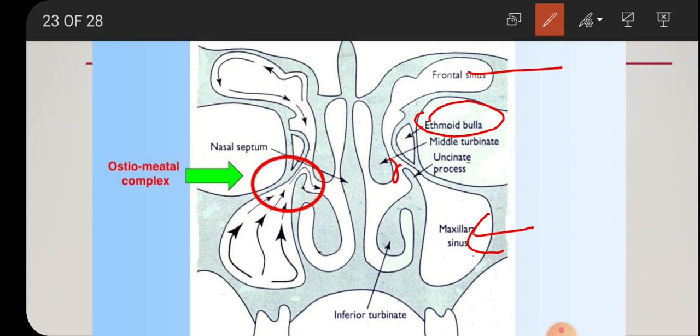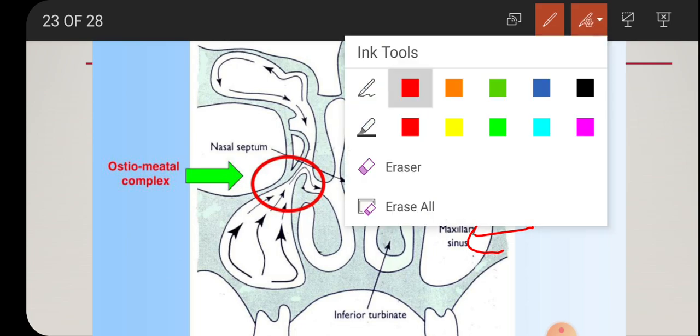So that is the osteomeatal complex marked there. It is the part of the lateral wall of the nasal cavity related to the middle meatus, where all these 4 paranasal air sinuses drain into.